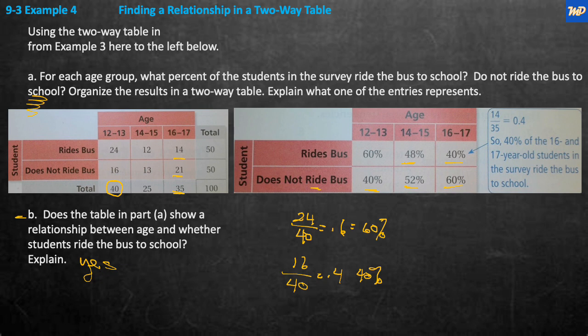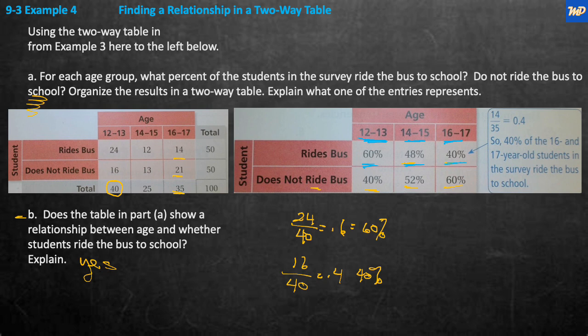Or how does it? Well, let's pick one. It shows us that if you take the age groups, I'll change to blue. If you go to the age group 12 to 13, 60% ride the bus. 14 and 15-year-olds, 48% ride the bus. And 16 and 17-year-olds, 40% ride the bus.